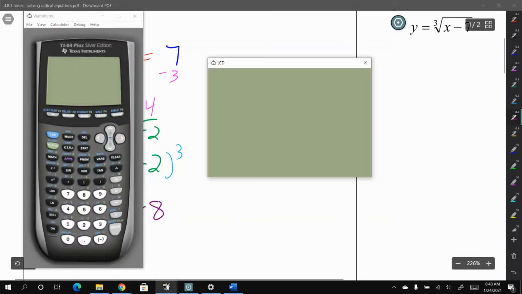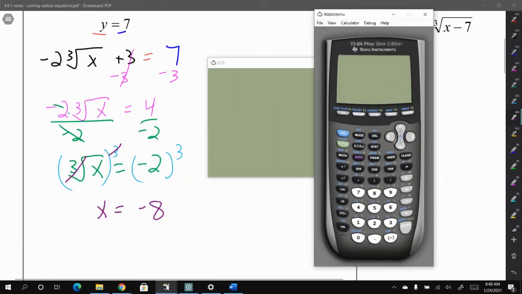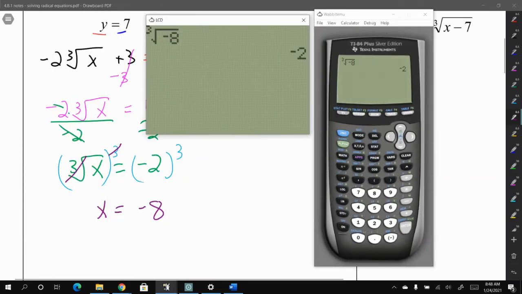Now on the calculator, if we do negative 2 to the third power, you may say, well, negative 8, good, I got the same answer. You always want to put your numbers, especially if they're negative, in parentheses.